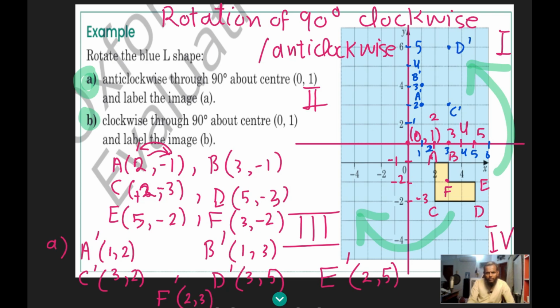This is D prime, and E prime is 2 comma 5. It is E prime. The F prime is 2 comma 3. This is F prime. Okay. Now we will join these points, A to B.